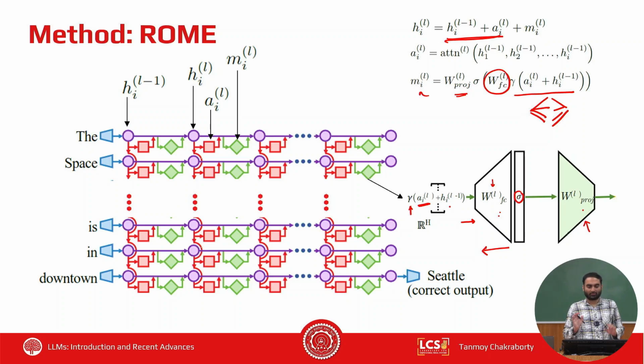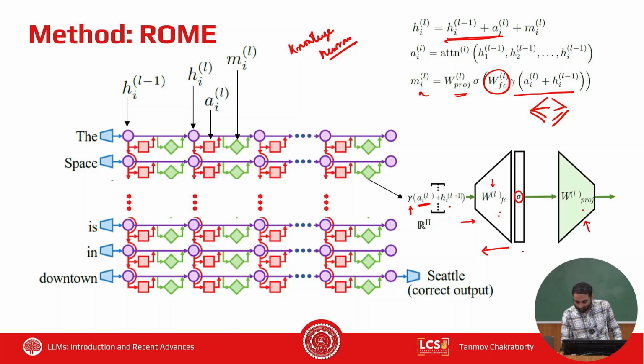Clear? So here I introduce a concept of knowledge neuron. Now these are very fancy terms, by the way, but these are very simple. What is a knowledge neuron? In one of the papers, they said that this multi-layer perceptron is responsible for storing knowledge, and you can think of this multi-layer perceptron as a key value association memory. What does it mean?